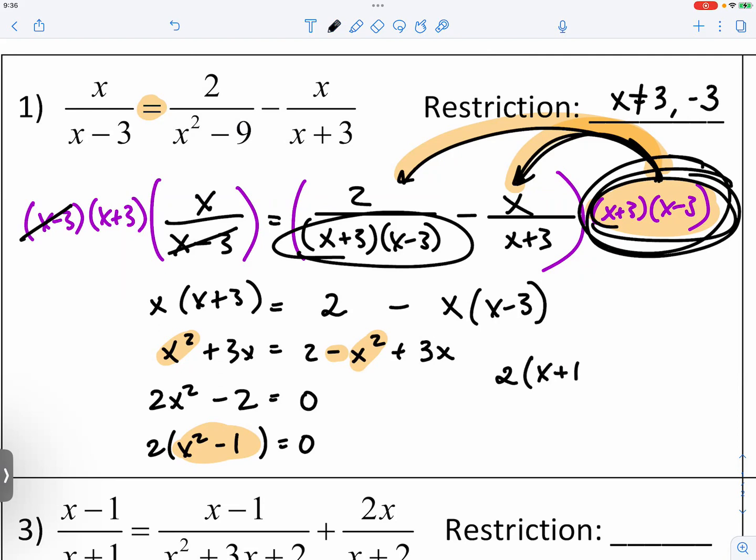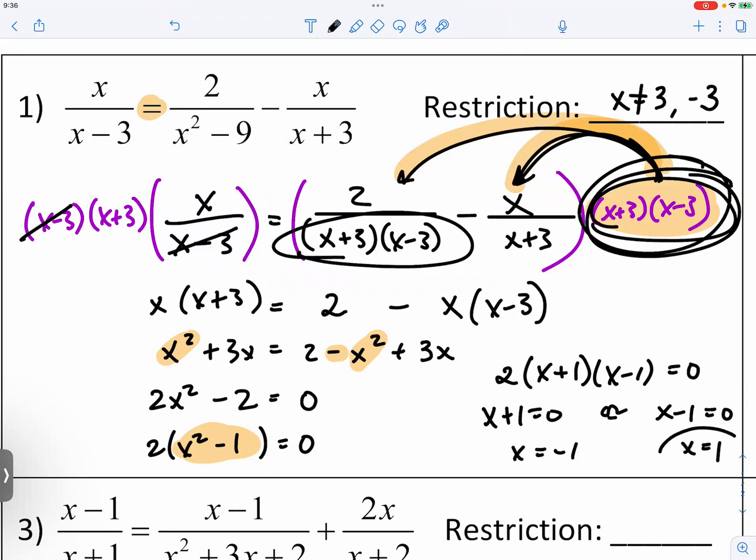It is x squared subtracting each other, so x plus 1, x minus 1, right there. So that's how you know x plus 1 is equal to 0 or x minus 1 is equal to 0. So these are the 2 solutions that we've got here. So x equals -1, x equals 1.